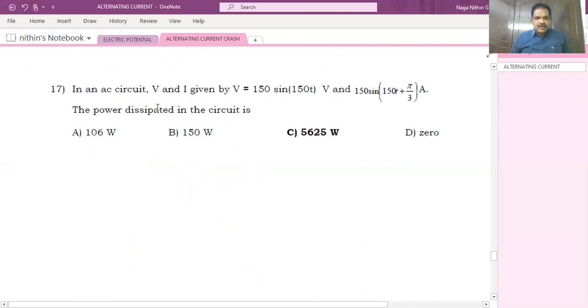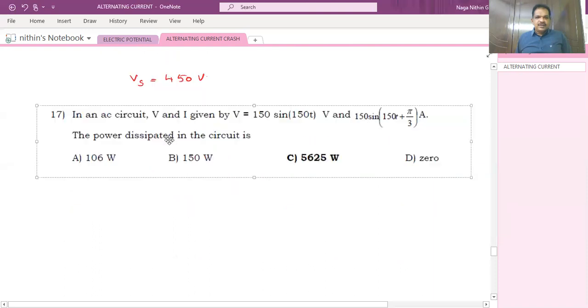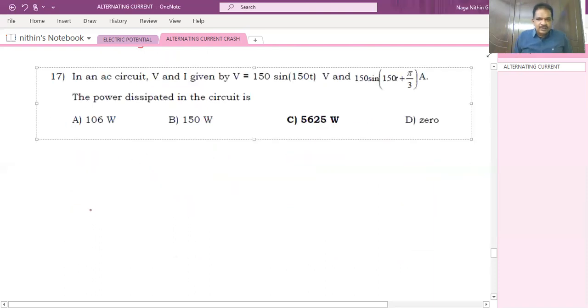Okay. Next, power dissipated in the circuit, how much they are asking. So how to do this one? See, in the AC circuit, V and I values are given. Here I is equal to... should be there. Typing mistake.